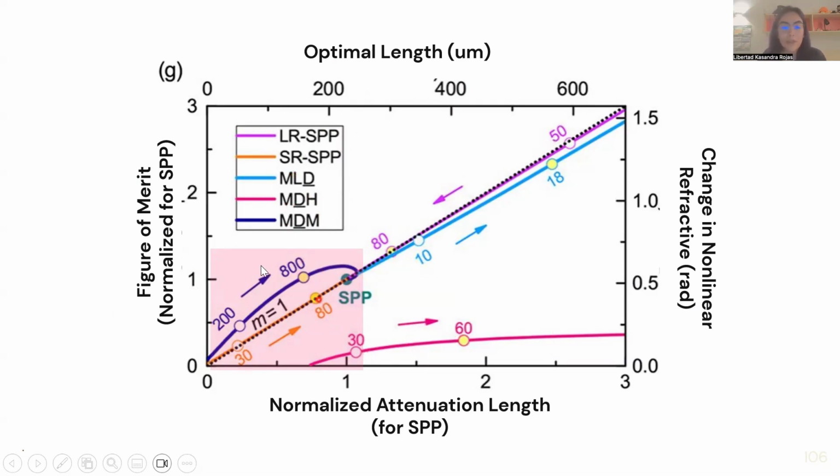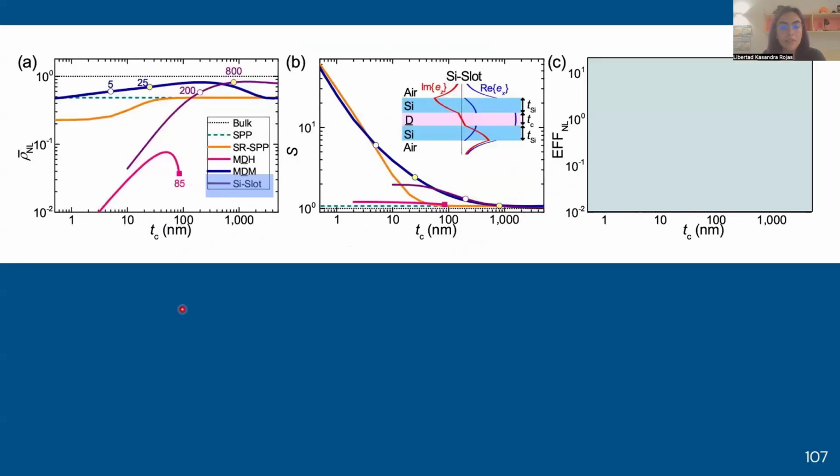Those perform really badly in comparison to metal dielectric metals, and at least in this optimal length, MDMs are the best. They give you the highest change in nonlinear effective index, and thus a higher figure of merit.